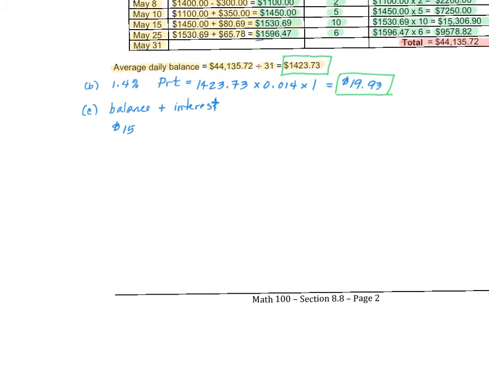It would be here, the 1,596.47. And we're going to add our interest of $19.93. So the starting balance on June 1st would be $1,616.40.